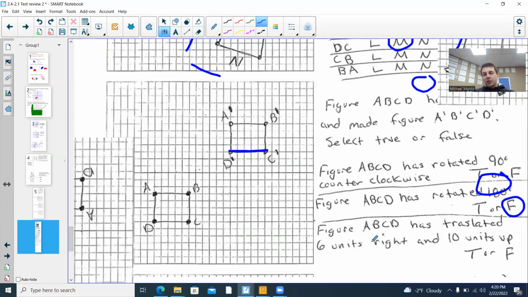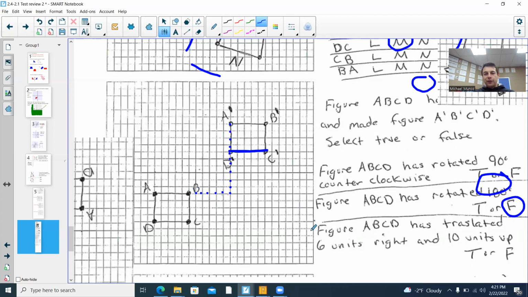Figure ABCD has translated 6 units right and 10 units up. So here, we'll start off at B. We'll go 1, 2, 3, 4, 5, 6. And 10 units up. So 1, 2, 3, 4, 5, 6, 7, 8, 9, 10.